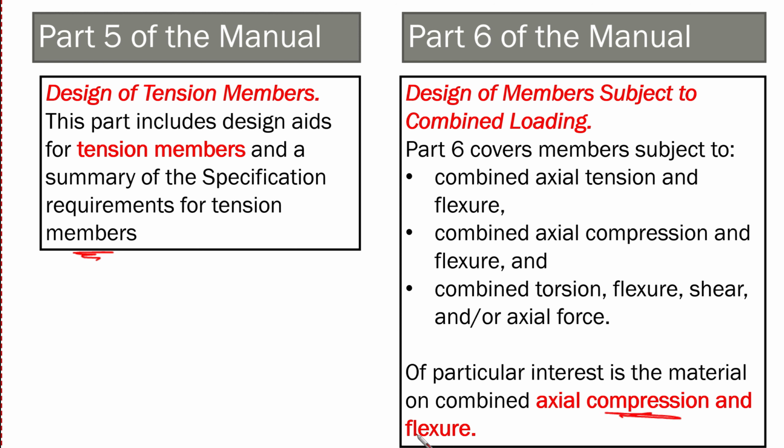Definitely this is one of the greatest parts that we like to have, because whenever you are going to design, you are going to find that this combination, axial compression and flexure, is the dominant straining action for many elements or components, especially columns, for example. So that's why it is very important and crucial for our design.